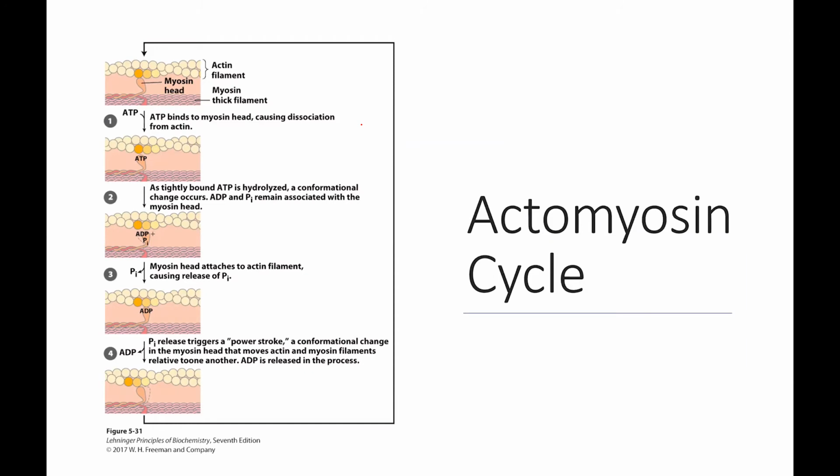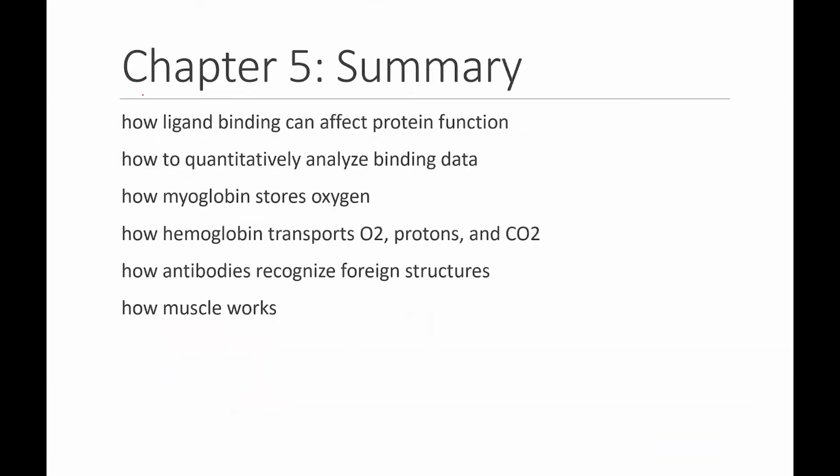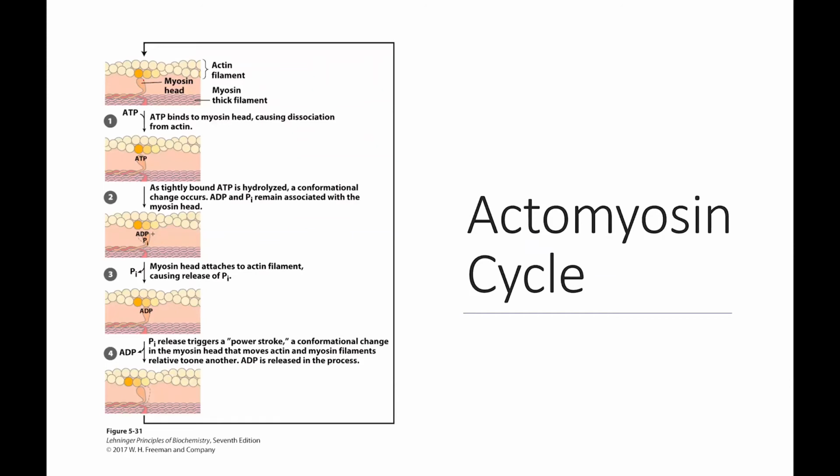So you can see a little bit more of a close-up here. Essentially what's occurring is normally you have a part of the myosin, which we call the myosin head, which is interacting with another portion of the actin. So these are two proteins that have some non-covalent interaction between them.